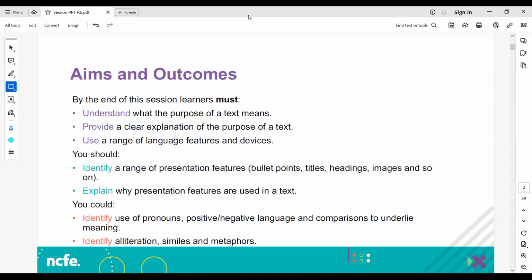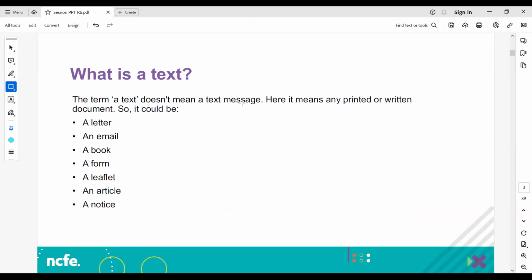You should identify a range of presentation features, so bullet points, titles, headings, images, and so on, and explain why presentation features are used in a text. And you could identify the use of pronouns, positive, negative language, and comparisons to underline meaning, and identify alliteration, similes, and metaphors. So first of all, what is a text?